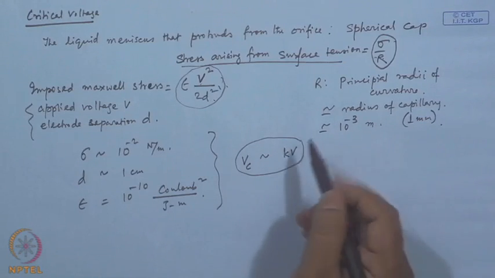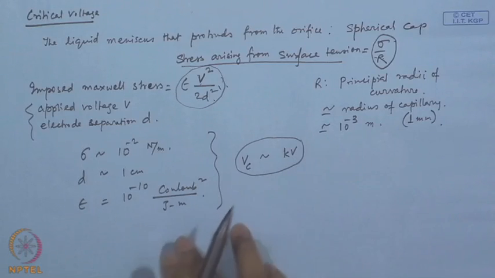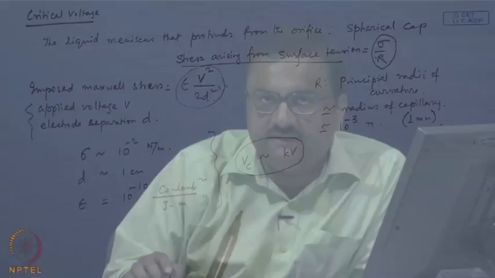So, there exists such a critical voltage. If somebody wants to know, for conventional applications with the materials that we have, if we want to create droplets by this mechanism, what kind of voltage we have to create between the electrodes, this is something we have. So, there exists a concept of critical voltage.